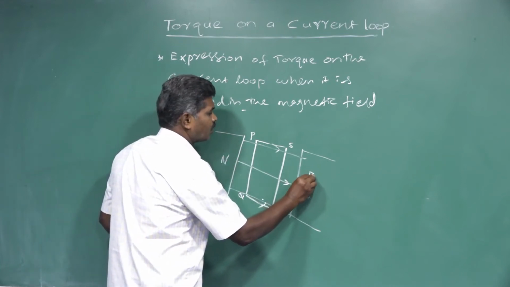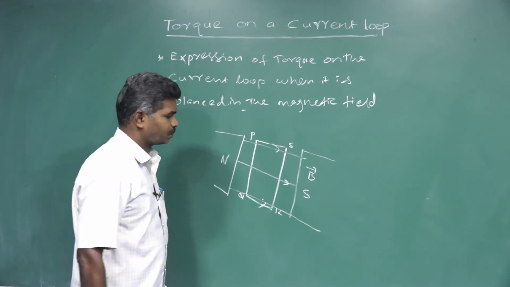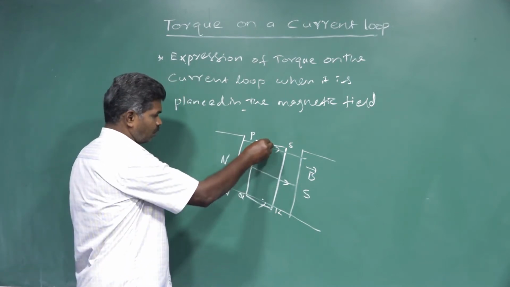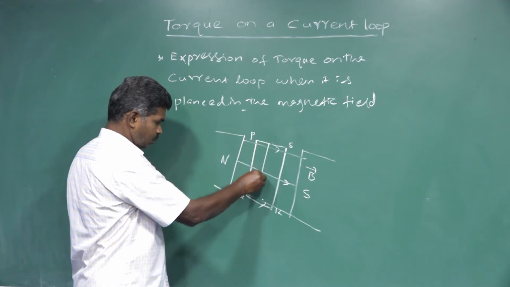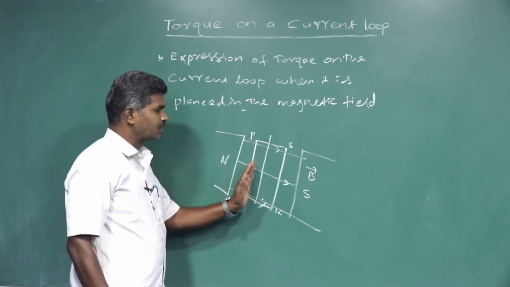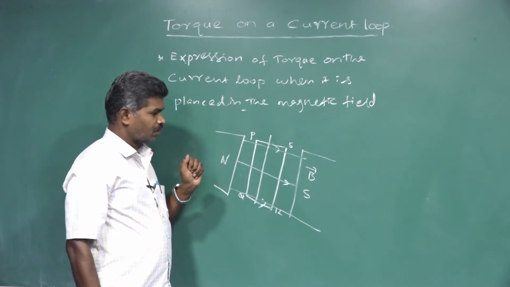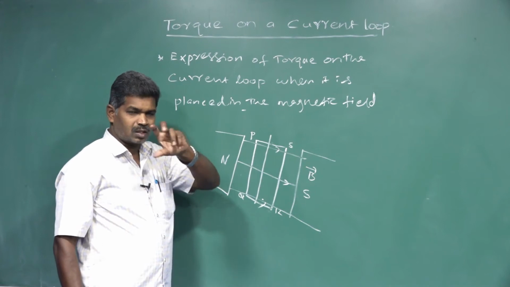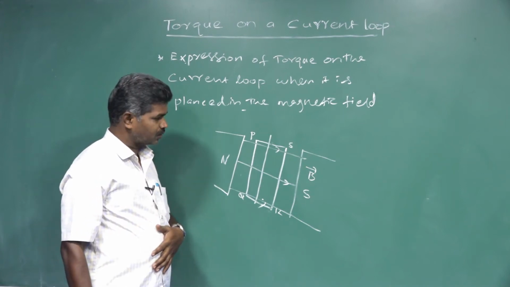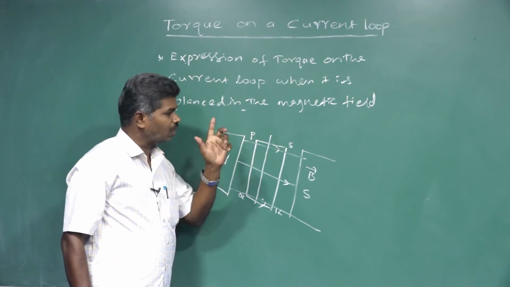The magnetic field strength can be taken as a particular value, the B vector. Then we have the axis of the loop. We describe this axis in a Cartesian three-dimensional coordinate system, along the y direction.